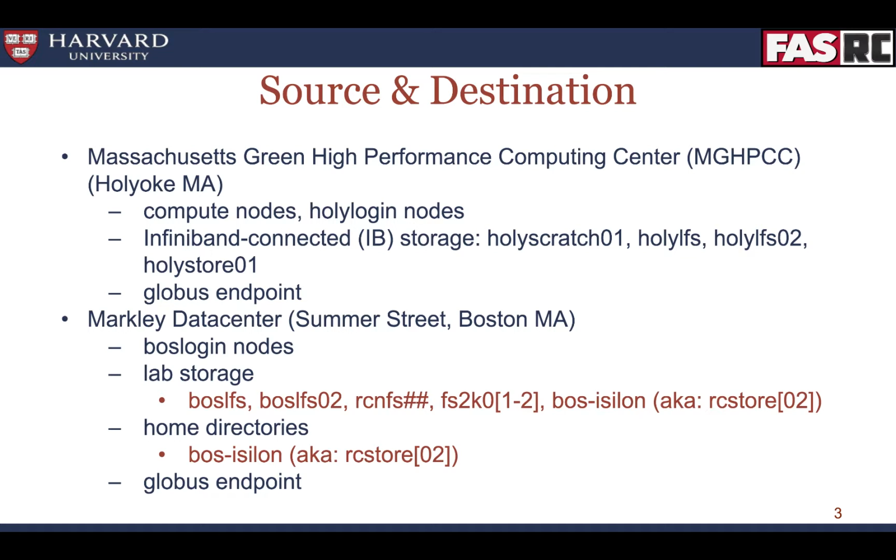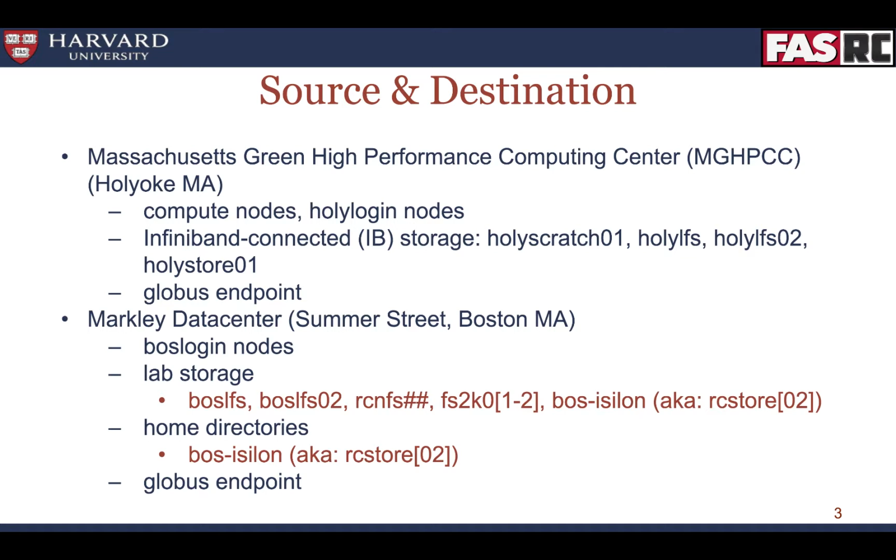The FAS-RC cluster has two primary data centers. First, the Massachusetts Green High Performance Computing Center, or MGHPCC, in Holyoke, Mass., commonly referred to as the Holyoke Data Center. And second, the Markley Data Center at Summer Street in Boston, Mass., commonly referred to as the Boston or Summer Street Data Center.